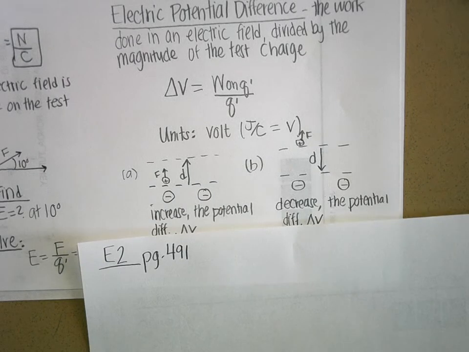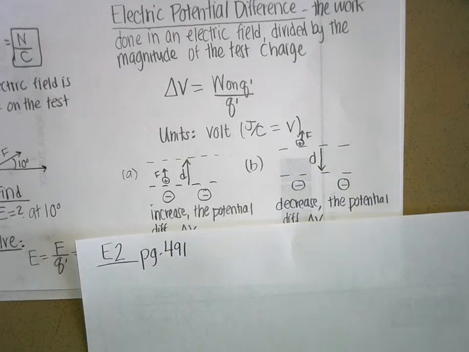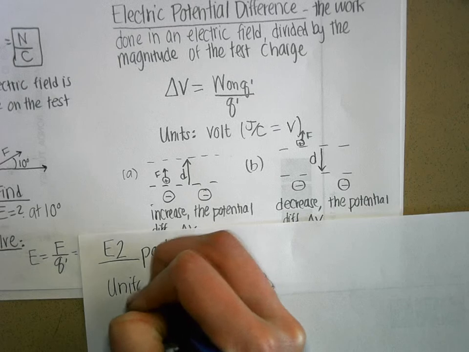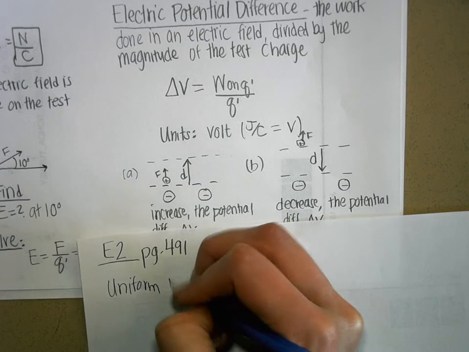But before I start this problem, I forgot to mention something. We have a uniform field in this problem, and with electric potential difference, you can sometimes have uniform fields. So, sorry, just add a note. Uniform field.